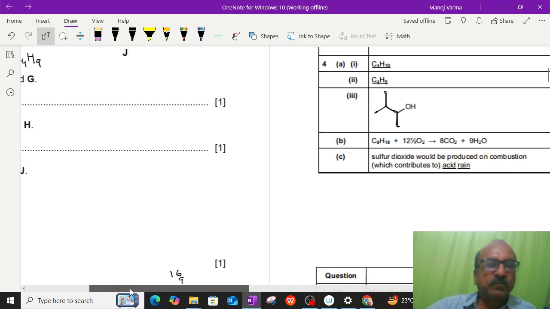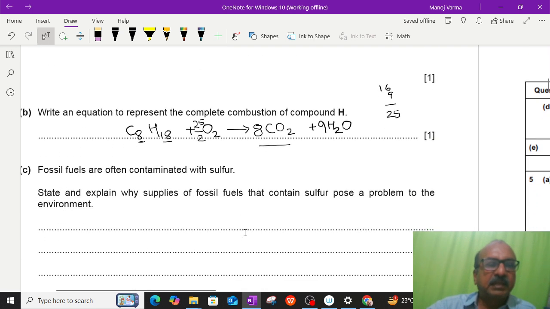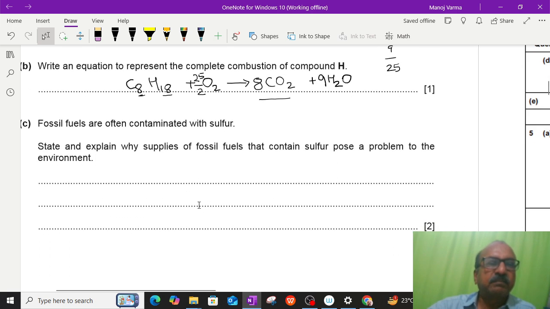Now let's go further and go to the next question asked in this paper, and that is, fossil fuels are often contaminated with sulfur. State and explain why supplies of fossil fuels that contain sulfur pose a problem to the environment.